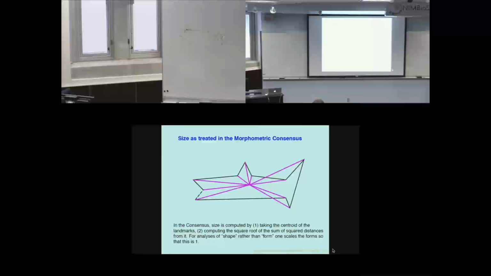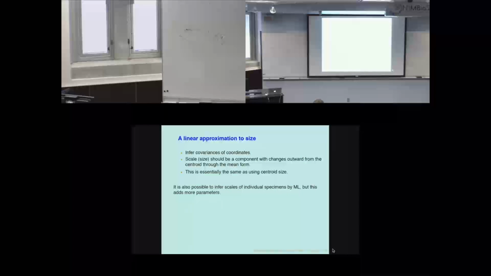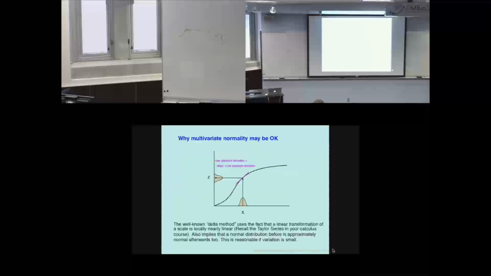So it's going to end up as a root mean square of those distances. And that's the size calculated instead of estimated by maximum likelihood. And the morphometric consensus people scale everything relative to that size. Okay. There's also a linear approximation to size we do, which is close to the centroid size, but I'm going to skip it.